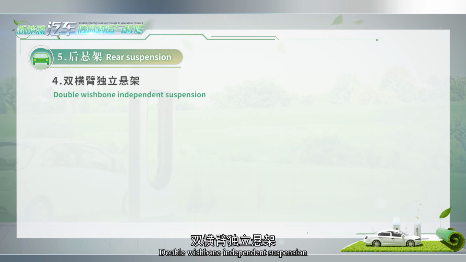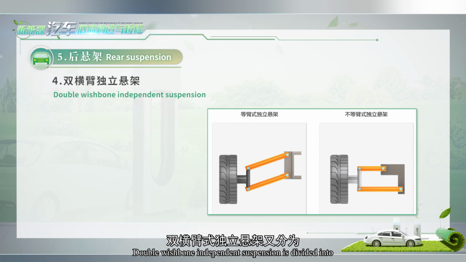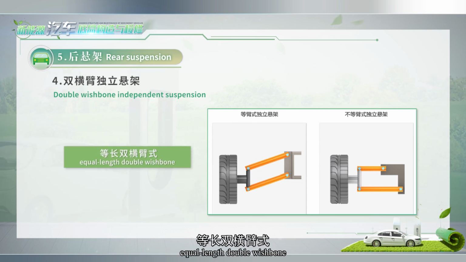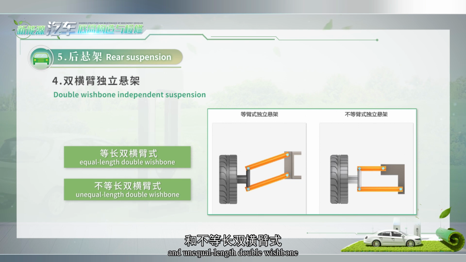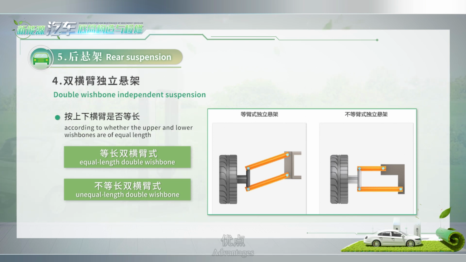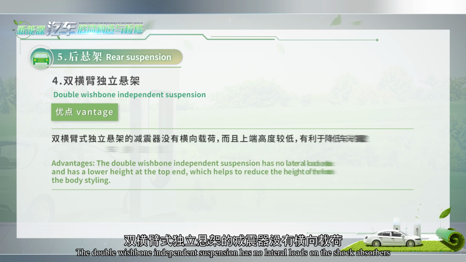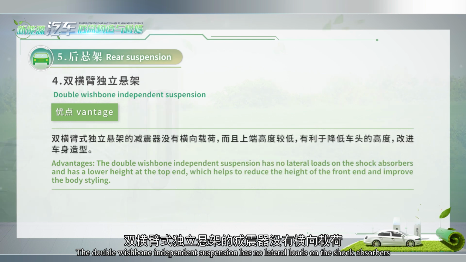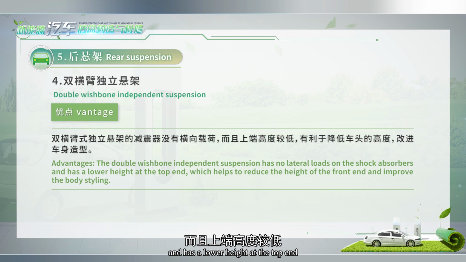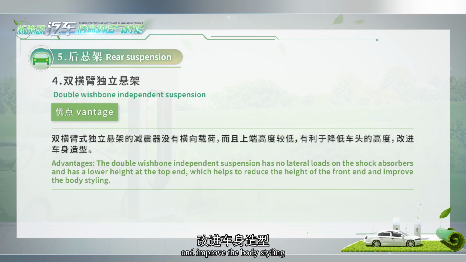Double wishbone independent suspension is divided into equal length double wishbone and unequal length double wishbone according to whether the upper and lower wishbones are equal length, as shown in the figure. Advantages: the double wishbone independent suspension has no lateral loads on the shock absorbers and has a lower height at the top end, which helps to reduce the height of the front end and improve the body styling.